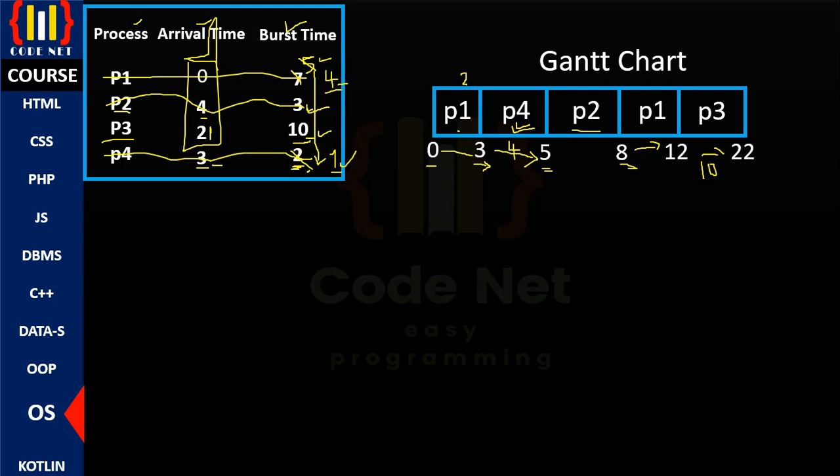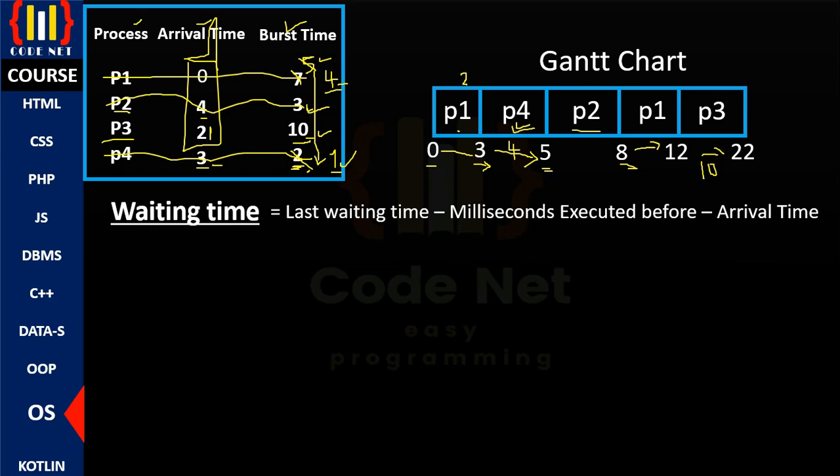Now to calculate the waiting time for each process, there is a formula we need to understand. Unlike first come first serve, which we had in our previous session, here on preemptive shortest job first, the waiting time for each process is equal to last waiting time minus the milliseconds executed before minus the arrival time for the process we are working on.